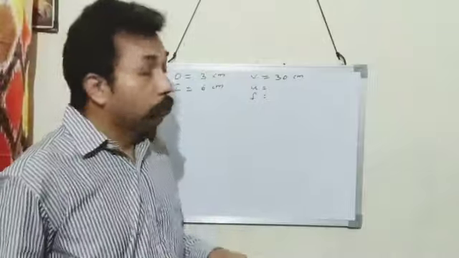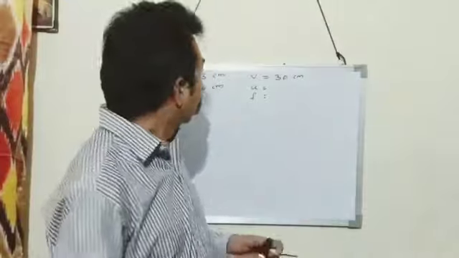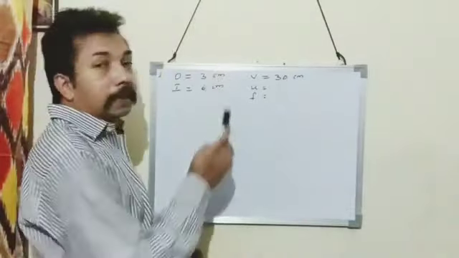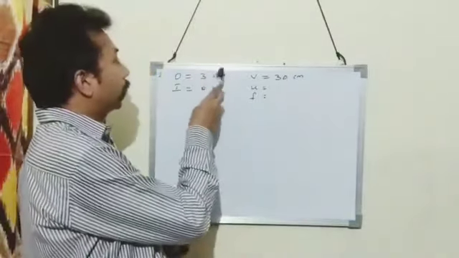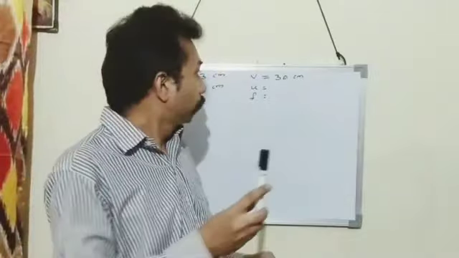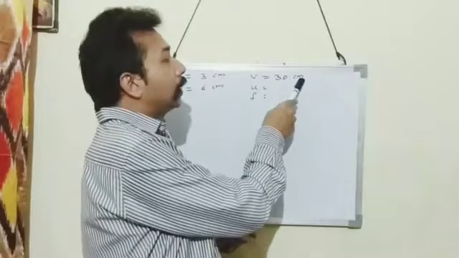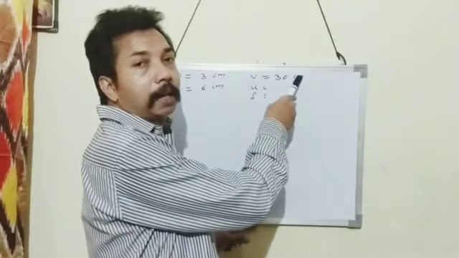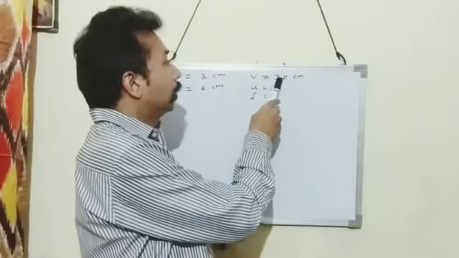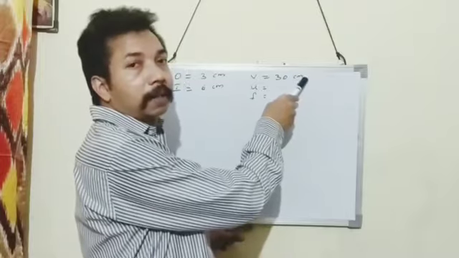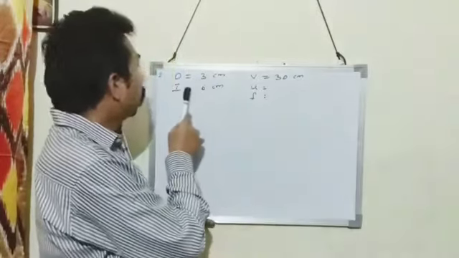First of all, we have to write what all things are given. Height of object is 3 cm, and it is given that the image is formed 30 centimeter behind the lens. Image distance V is 30 centimeter behind the lens.